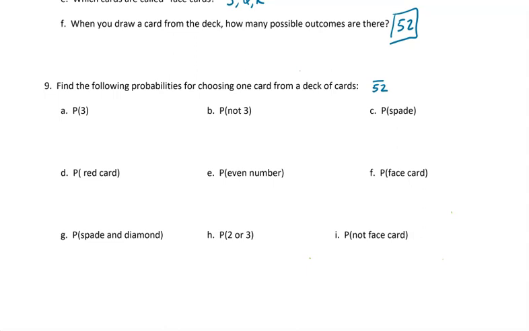Remember, each specific number has 4 of that number in the deck, because there is a 3 of hearts, 3 of spades, 3 of diamonds, 3 of clubs. It's 4 different 3s that are in the deck. So that's 4 out of 52. We can reduce that to 1 out of 13.